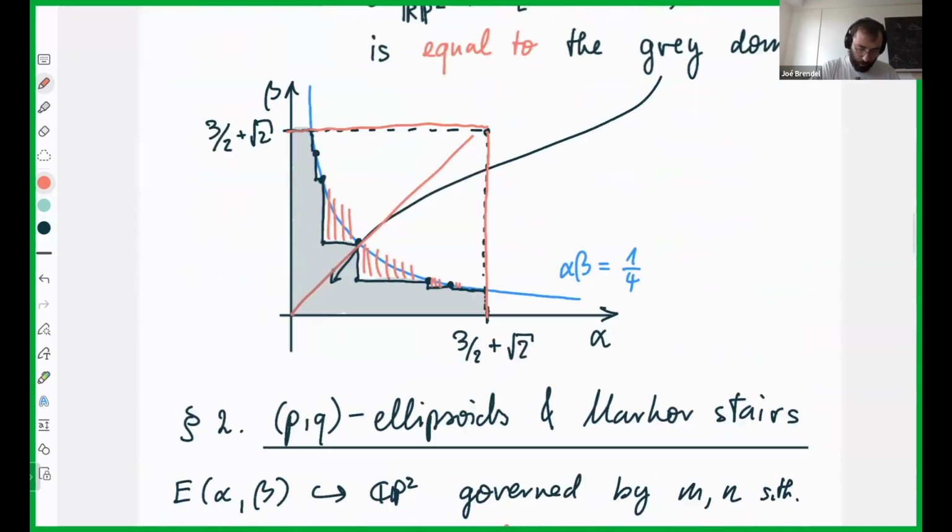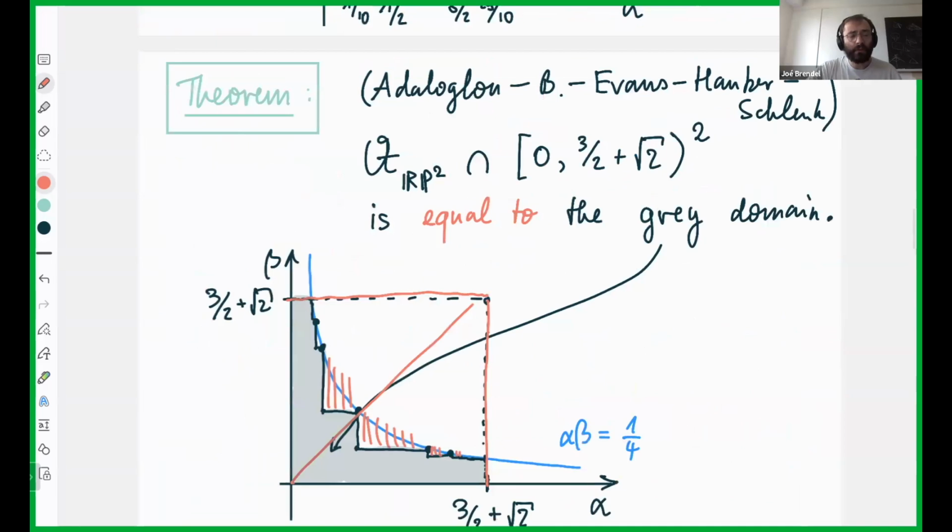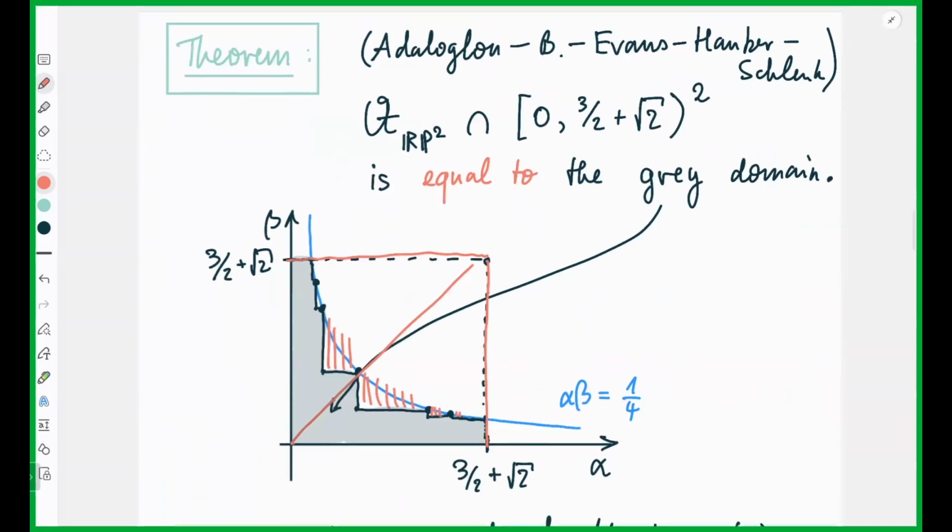No, so I get one staircase, but each of the triples gives me one of the steps of the staircase. One of the steps. Okay, cool. Yes. So the central step, for example, corresponds to the triple 2, 1, 1. And each of the points on the blue curve corresponds to one of the triples containing a 2. Exactly. Okay, cool. Thanks.